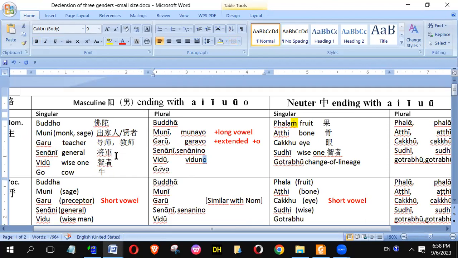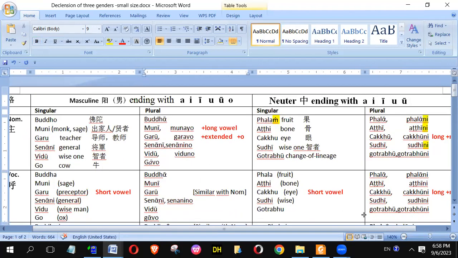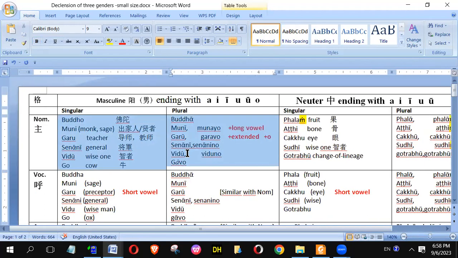So this one is a special form, so we can just ignore it so far, all right? So today for lesson 10, so far, you only need to know the nominative for this part only. And that's in lesson 10.